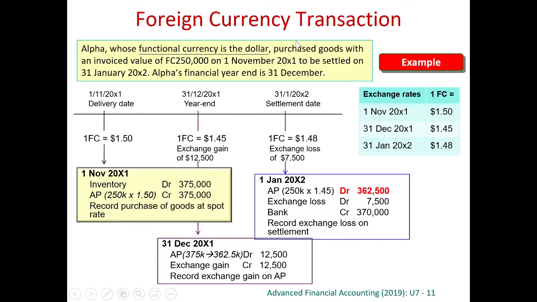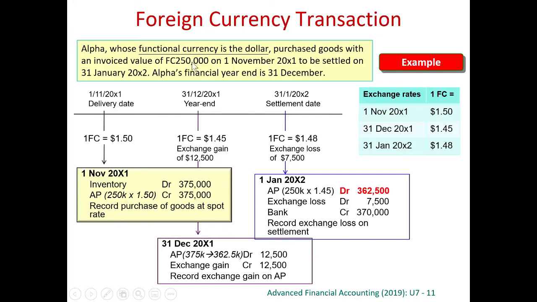In this case, because the functional currency is dollar, we should keep our record in functional currency. So if the functional currency is dollar, this transaction of FC 250,000 is a foreign currency transaction. For foreign currency, we have to translate it into the functional currency. So on that day, 1st of November, 250,000 FC can be translated using 1.5.